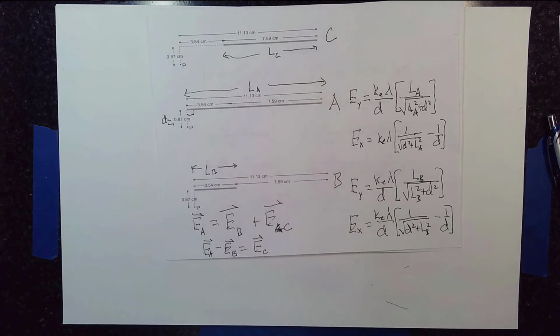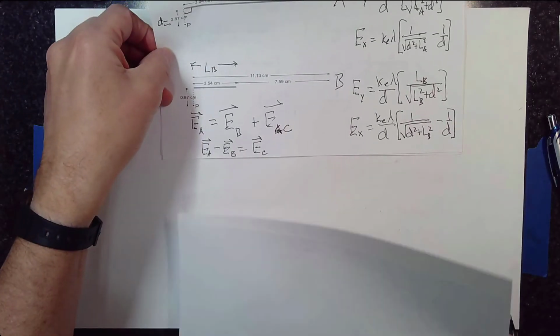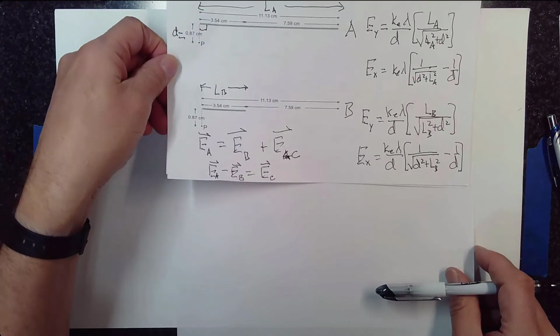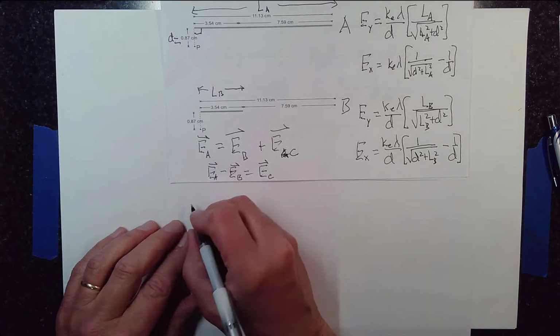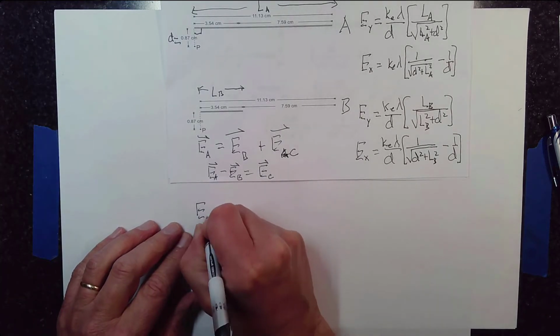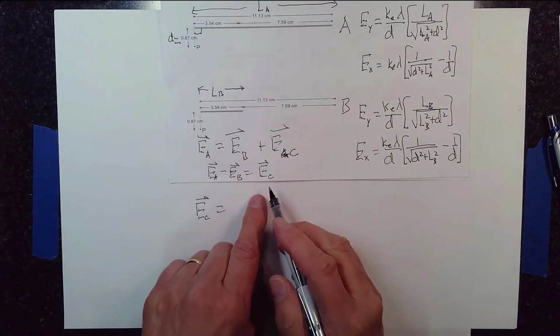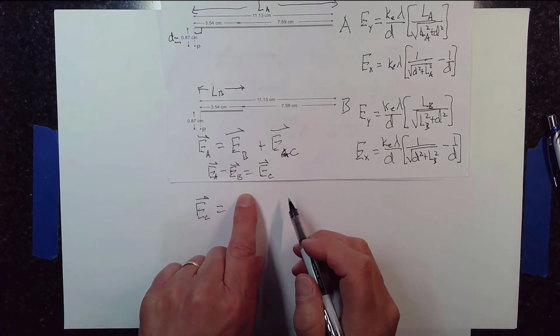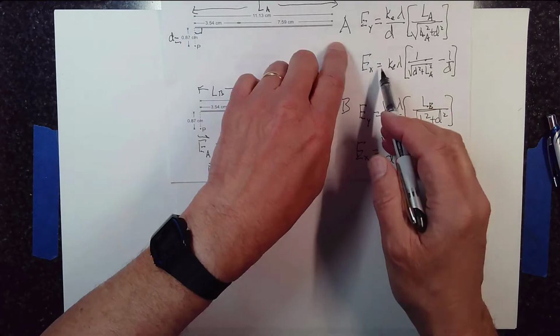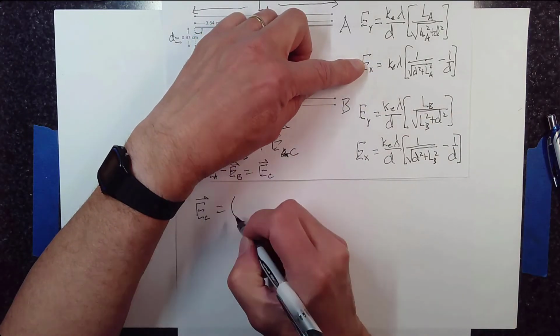And I can do it component by component. So I'll try to keep those things in view as I'm doing this, but EC will equal, let's see, it'll be EA minus EB. So here's A. I'll do the X component first.